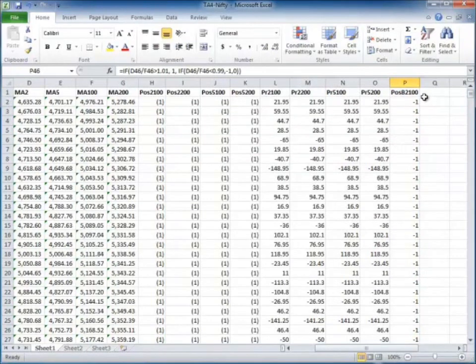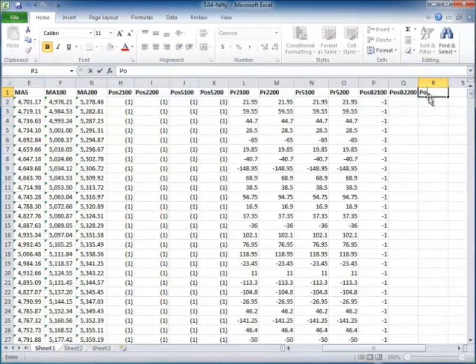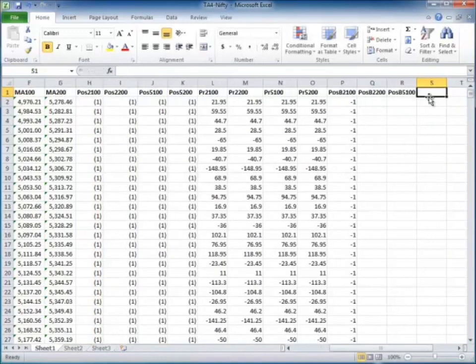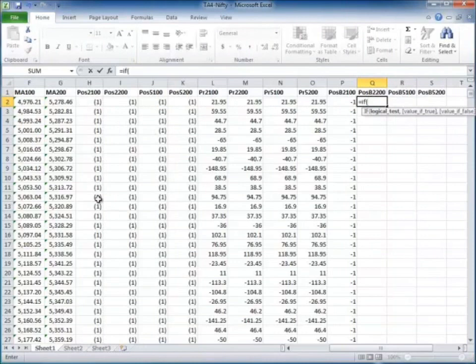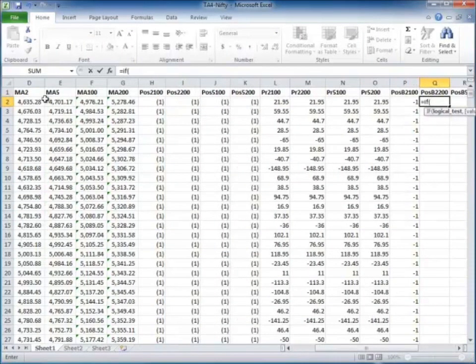Right, so now I'm going to just do this for all of them. So just bear with me 1 minute. So here we're going to have the 2-day and the 200-day.